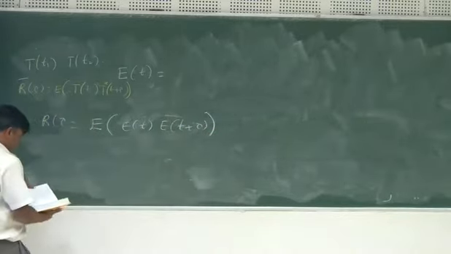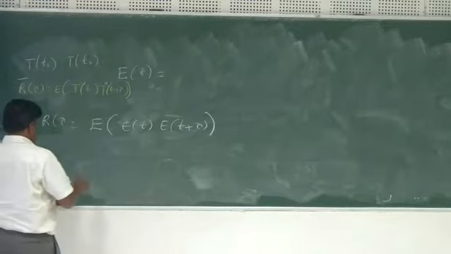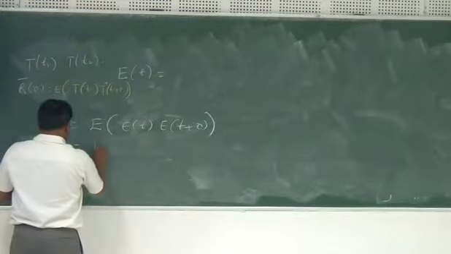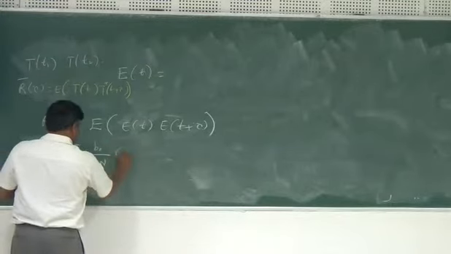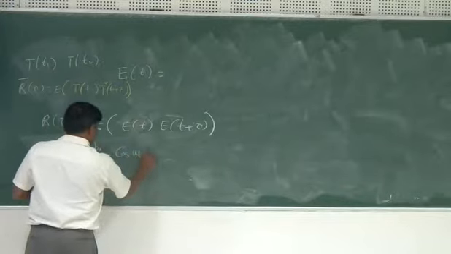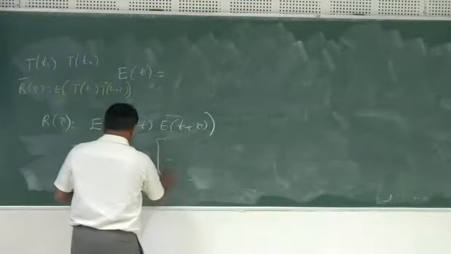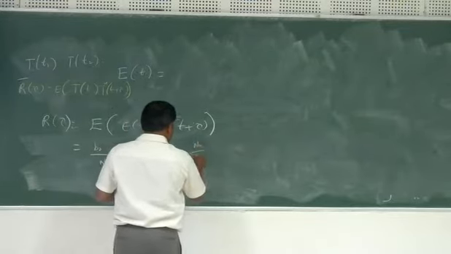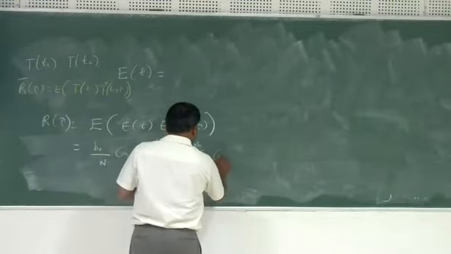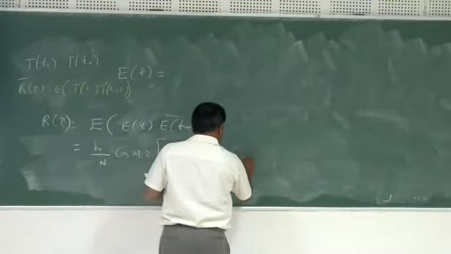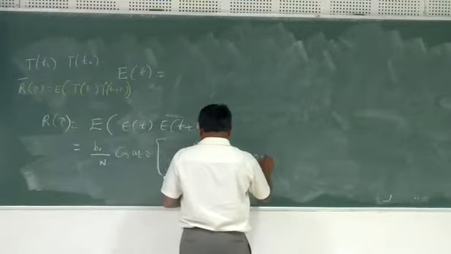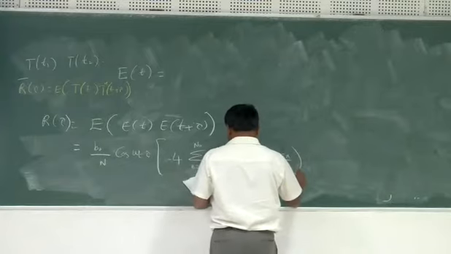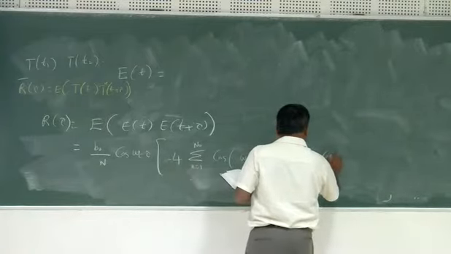Okay, and that turns out to be a constant, E naught squared by N, cos omega c tau times summation, for now I'm writing summation over n, N naught, cos omega m tau by small n by N, 2 cosine.